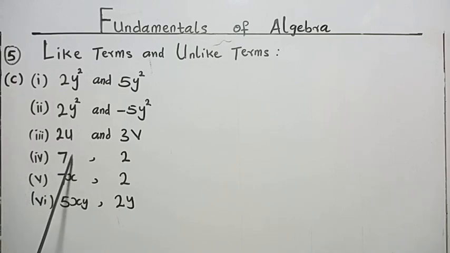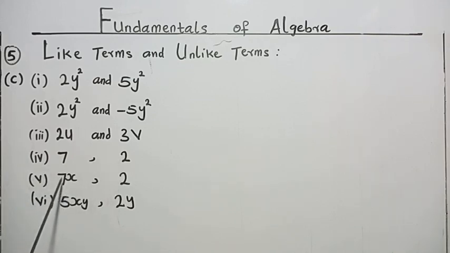Recall that 7 means 7 bracket 1, which means 7 times 1. That means 7 is quantifying 1, and 2 means 2 bracket 1, which means 2 times 1. That means 2 is quantifying 1 also. 7 quantifying 1 and 2 quantifying 1 make it possible for us to call these 7 and 2 like terms. Therefore, we conclude from that standpoint that 7 and 2 are like terms.